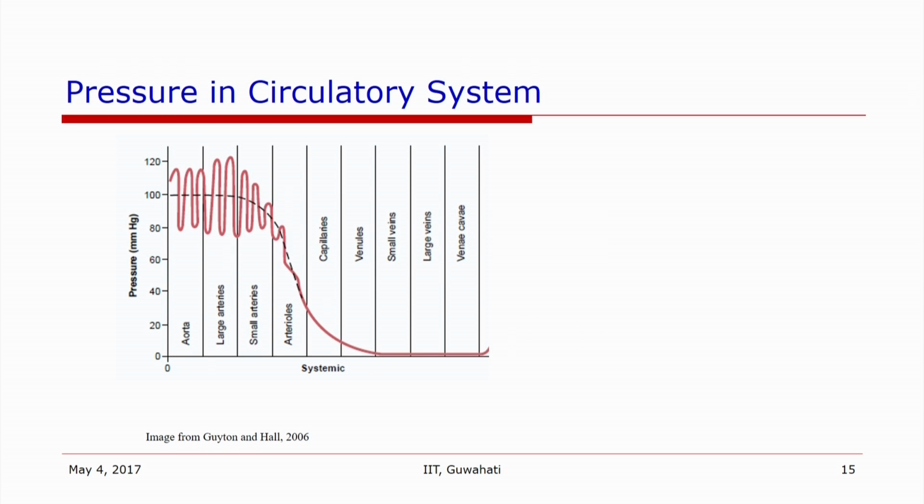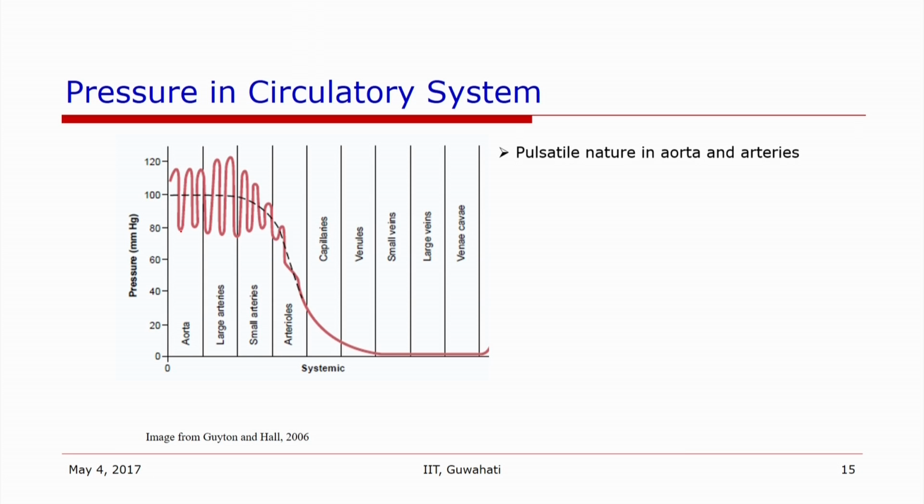So, we have looked at the flow rates. Now, let us look at the pressure in the circulatory system. As we have seen, the heart contracts and expands 72 times on an average in a minute, and the flow is of course going to be pulsatile in the aorta and the arteries.